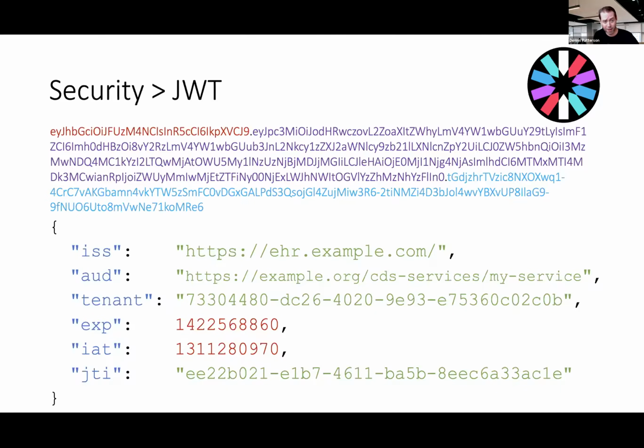The first part there is a header. That's going to contain information about the algorithm that was used to sign the token, as well as information about what public key can be used to verify that signature. The last part is the signature itself, so you can ensure that the token is valid, the contents are signed. And then the middle part is the payload, which you can see decoded here.